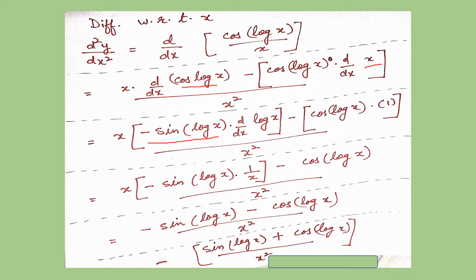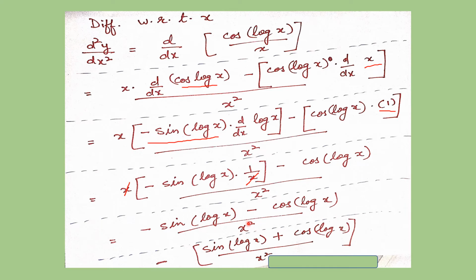Now what you will do further is x as it is, minus sine log of x into, you substitute the value of the derivative of log of x, it will be 1 upon x. You've written here 1 upon x minus cos of log of x. Now this x will get cancelled with this x. So you are left with minus sine log of x minus cos of log of x upon x square.